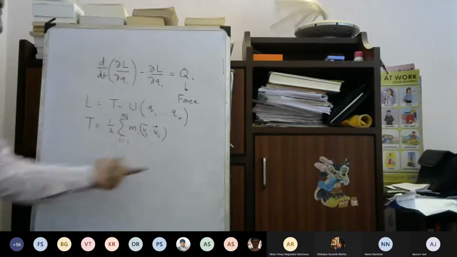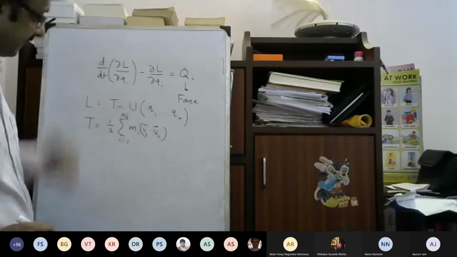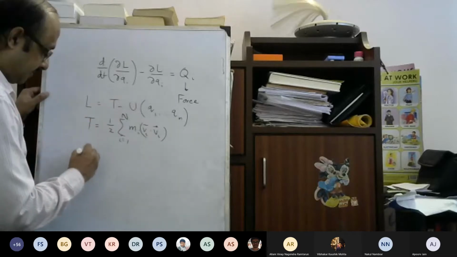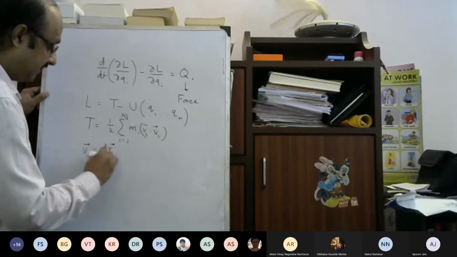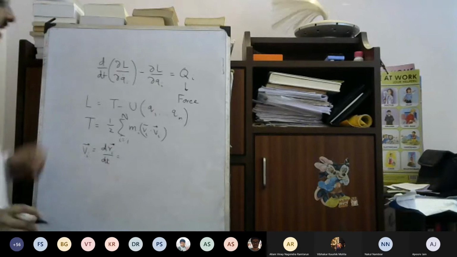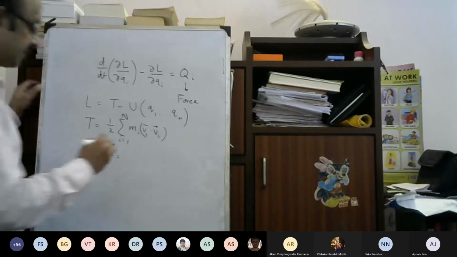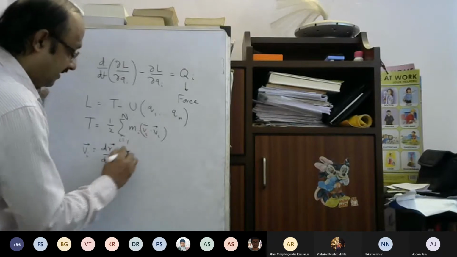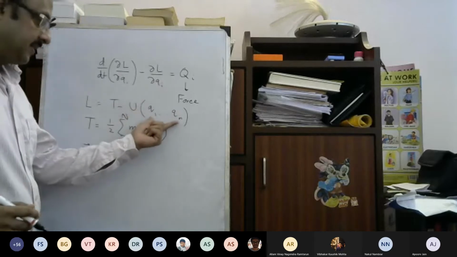So the total kinetic energy will be the sum of the individual kinetic energies. Right? Now, Vi will be dRi/dt, and dRi/dt is what? This is equal to d/dt of Ri.